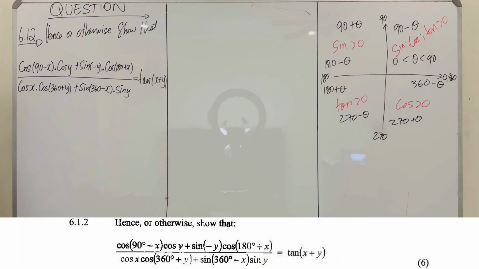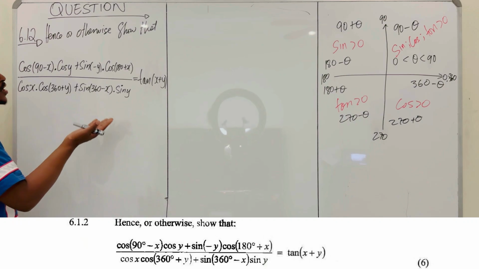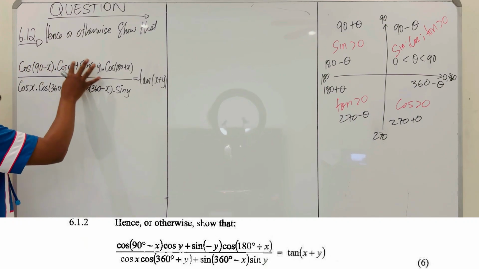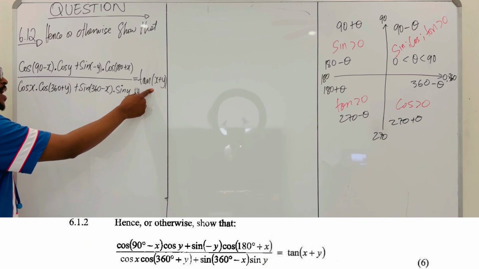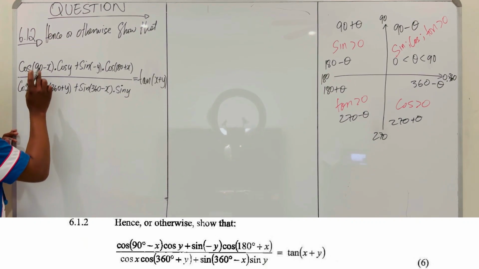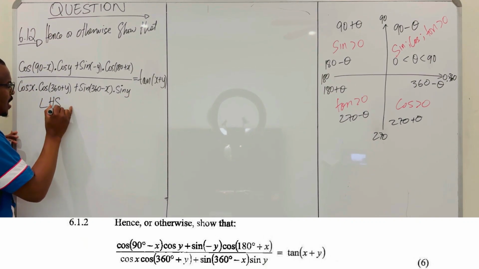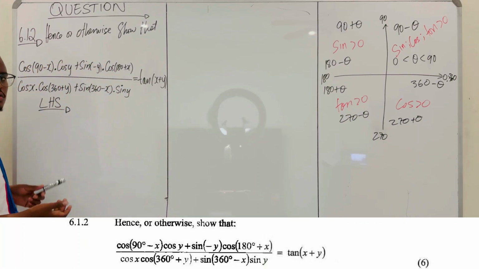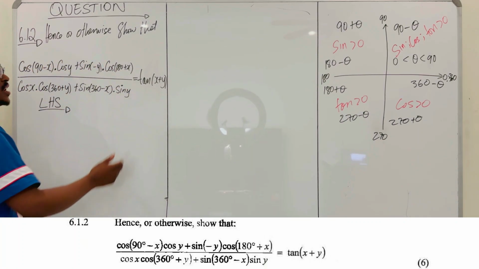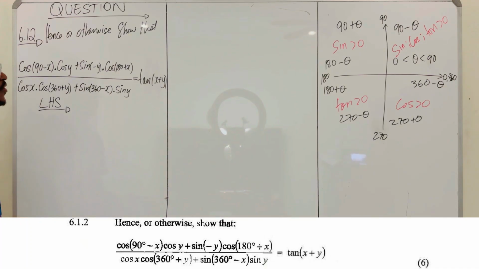One thing you need to keep in mind is that it's easier to simplify the complex side to make it simple. So in this case, I'm going to work with the left-hand side, because the left-hand side is complex, so there's a lot to do here. The right-hand side is already in its simplest form, so there's nothing much you can do with it.